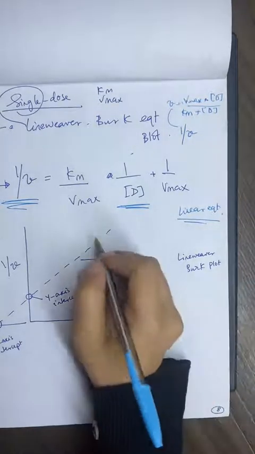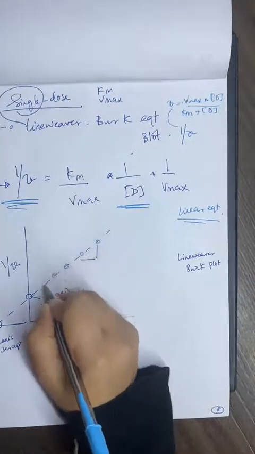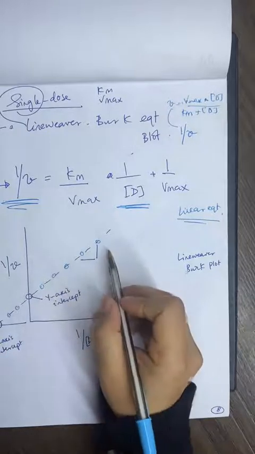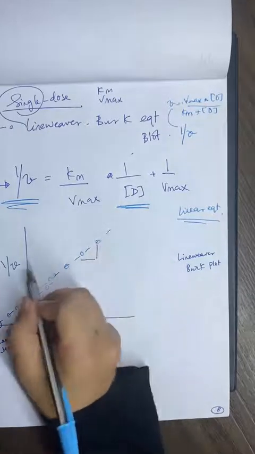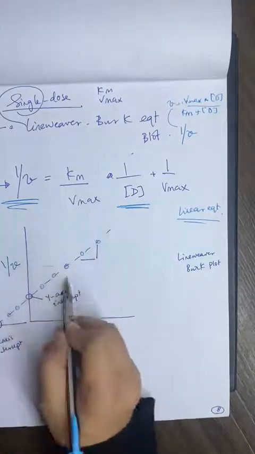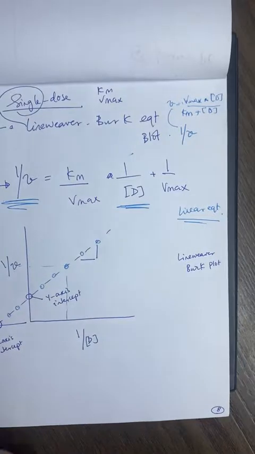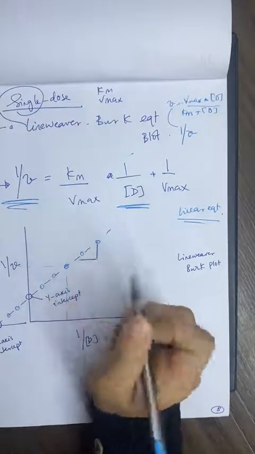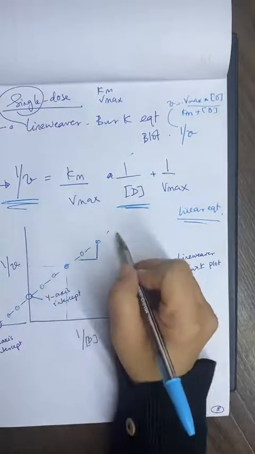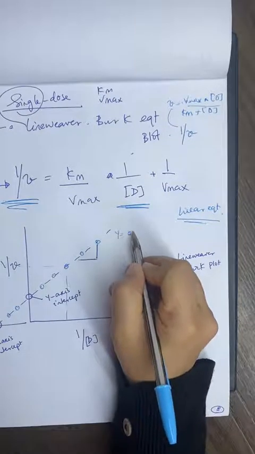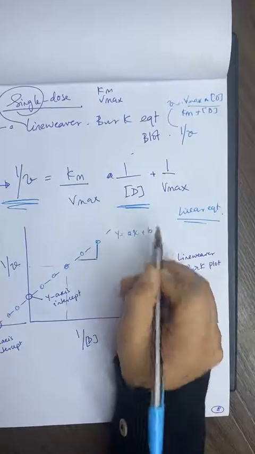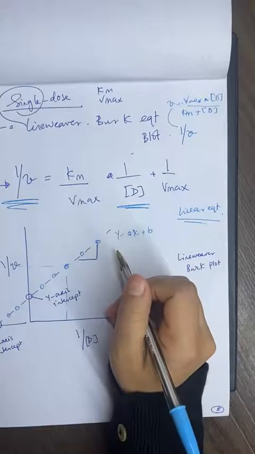So if you have different data sets of 1 over V versus 1 over the concentration, you can determine the slope by having the linear equation of it.